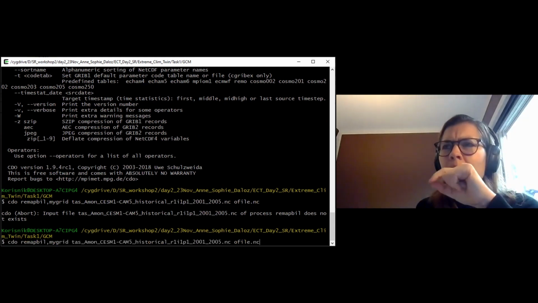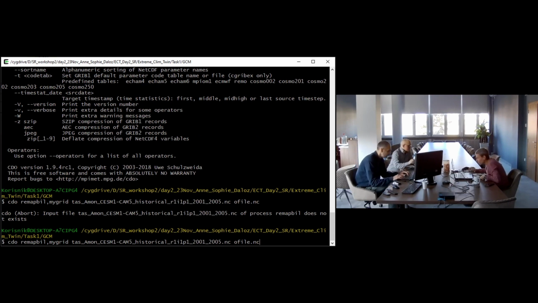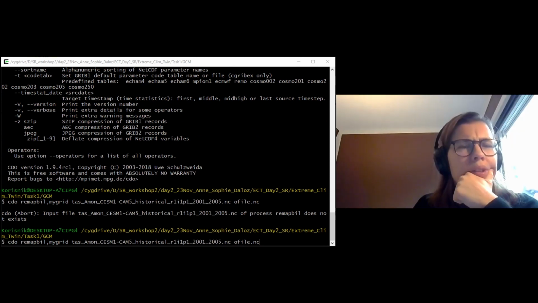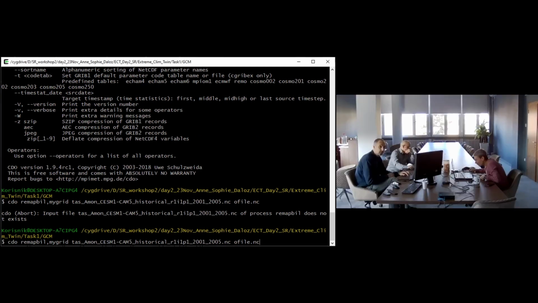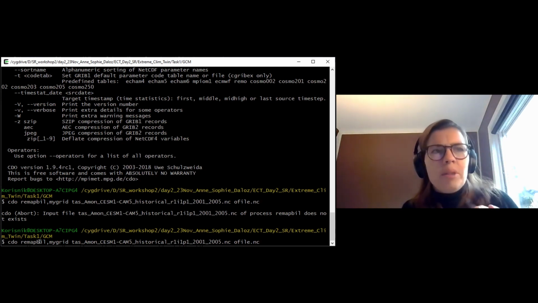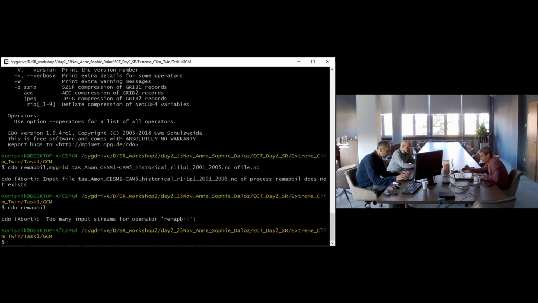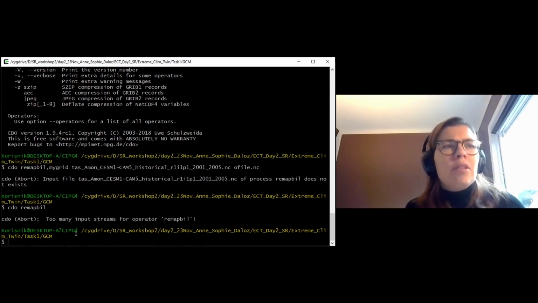That is weird, that remapbil does not exist. Maybe I copied it wrong. Remapbil, okay, that looks good to me. Can you just, without anything else, write in your terminal cdo remapbil? It's just to see if it recognizes any input streams. It's recognizing it. Okay.